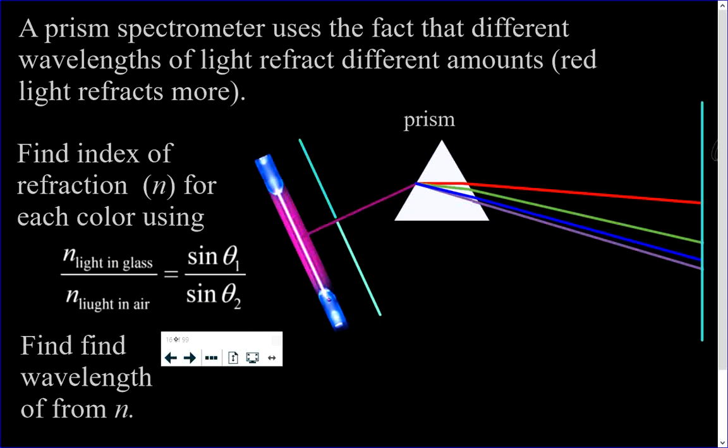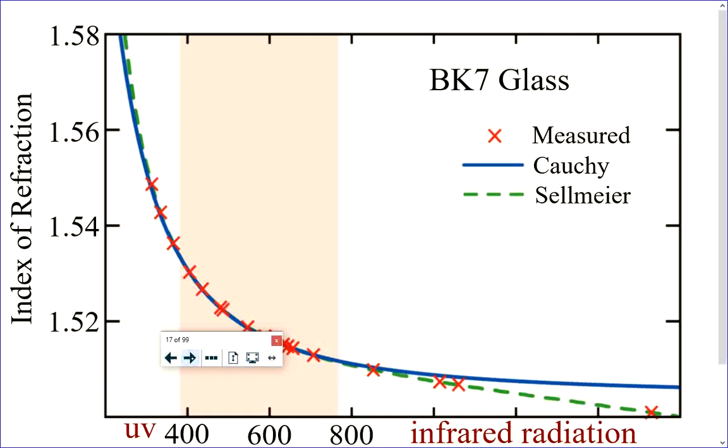And I realize there's a big gap there in me just saying you find the index of refraction of red light in the glass and then you figure out the wavelength. There's not a formula. You have to go to empirical data. You have to look at a graph, and if you got 1.54 for the index of refraction for the violet wavelength, then like 1.52, then you would get 500 nanometers. You'd have to read it somehow.